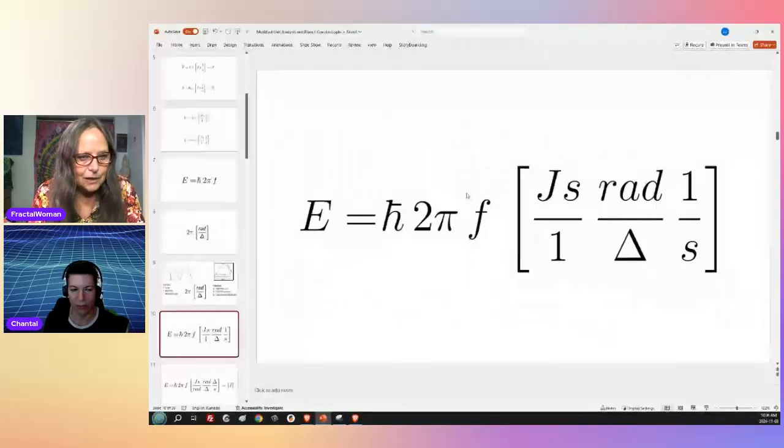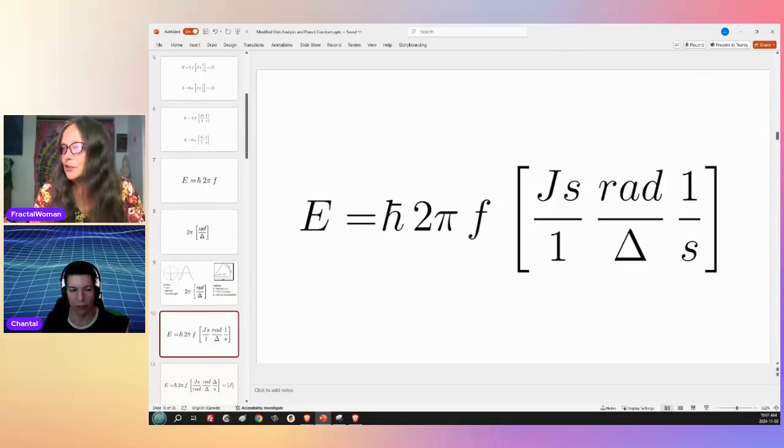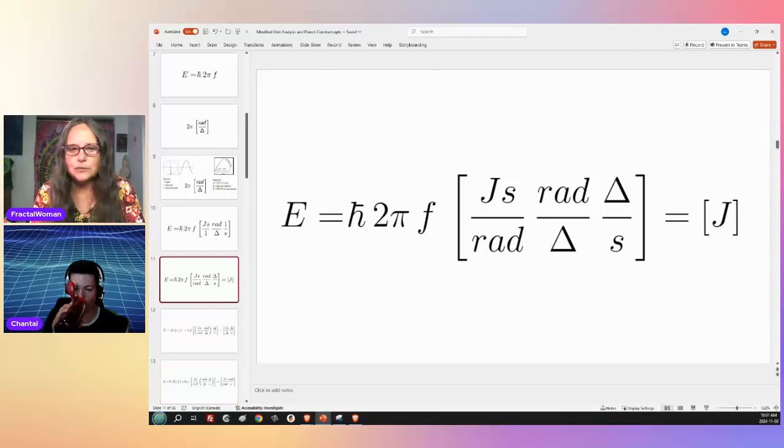I use a triangle for cycle just because it looks pretty. I spent a lot of time trying to figure out what symbol to use for that. I haven't come up with a symbol for radian yet, and I'm phasing out radian anyway, so I don't really care.